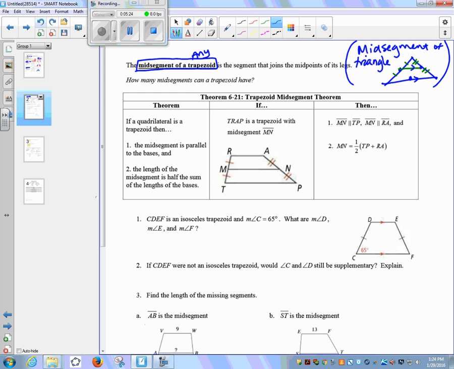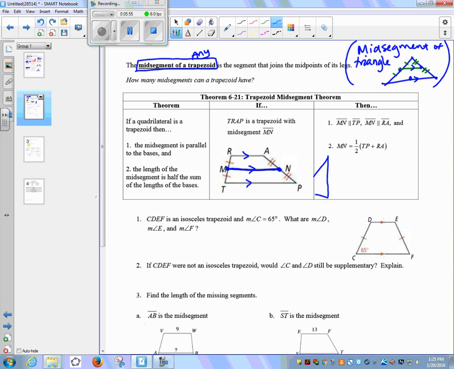same definition, it's joining the midpoints of the two legs, so the two non-parallel sides. If you join the midpoints, you're going to get a midsegment that is parallel to the two bases of the trapezoid. I shouldn't say top and bottom, because I could turn this sideways and it wouldn't look like the top and bottom anymore.